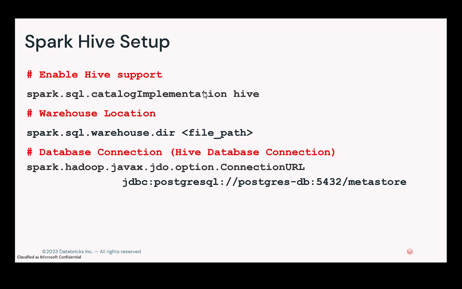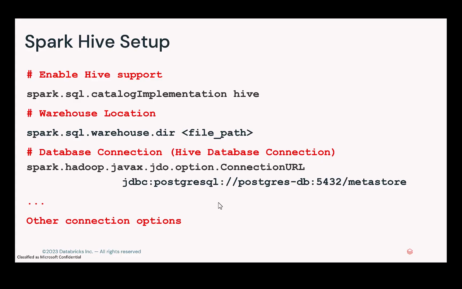I think you can use different ones, but you provide basically which database it needs to connect to. Okay? And it will start working. It will store everything there, and you have an enterprise-wide Hive metastore available that you can configure with Spark clusters. Okay? And there are other connection options as well.